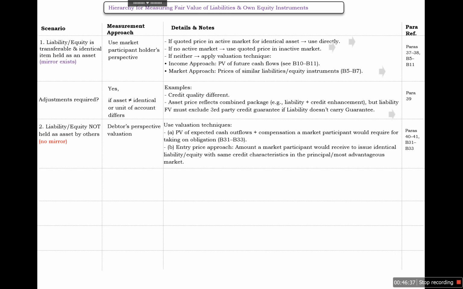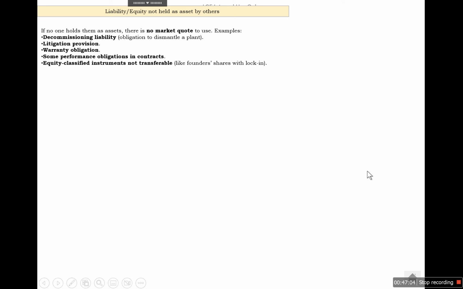So we need to use valuation techniques, present value and the entity price approach, where the amount a market participant would receive to issue an identical liability or equity with the same credit characteristics in the principal or most advantageous market. We use the debtor's perspective to find out the fair value of the liabilities or the equity.